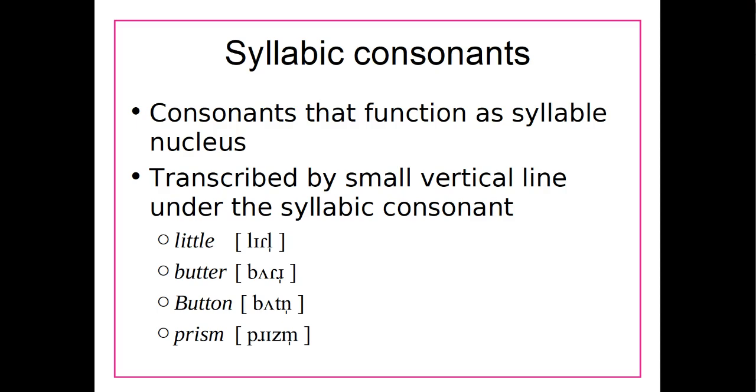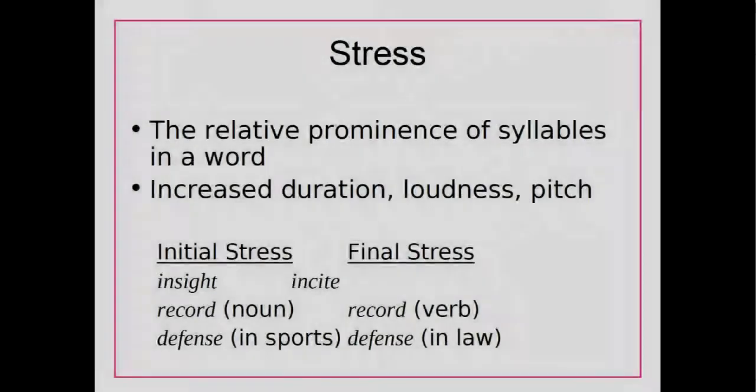In prism, the m at the end is a syllable on its own. So we have a syllable, pris, with a vowel, and we have a syllable m without a vowel. So we can have syllables both with and without vowels. We have a two-syllable word, but it actually only has one vowel.